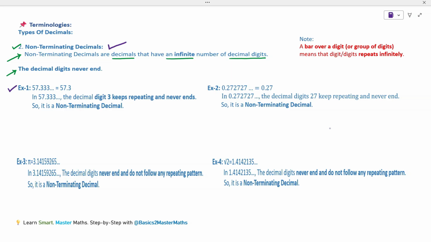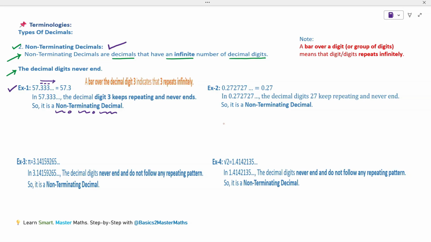In 57.3333, the decimal digit 3 keeps repeating and never ends. So, 57.3333 is a non-terminating decimal. Got it?